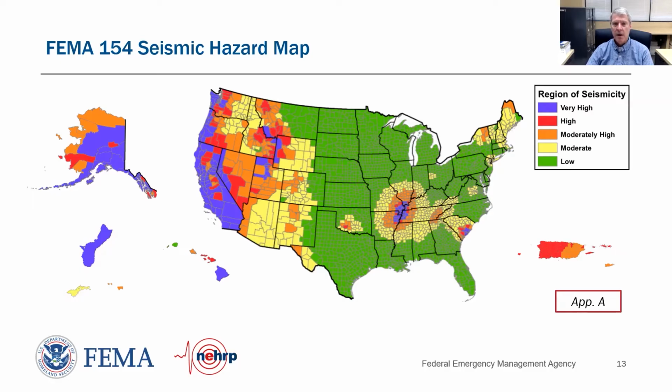They have provided us with a map of the US, Alaska, Hawaii, Puerto Rico, and Guam, of the counties associated with each of those areas of the states or territories, that's color-coded with the appropriate seismicity for that county.